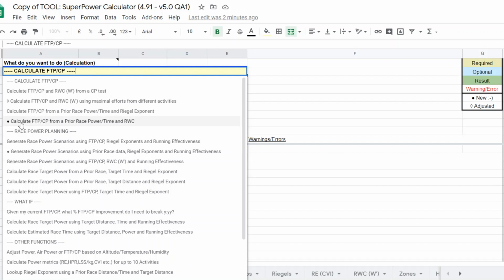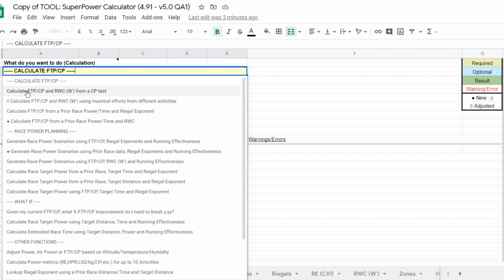This one uses a monad model for calculating FTP or CP using an entered reserve work capacity, or W prime. I'm going to talk about that a little bit more in this video as well. But it adds and gives us a fourth way of estimating FTP or CP from our key data.